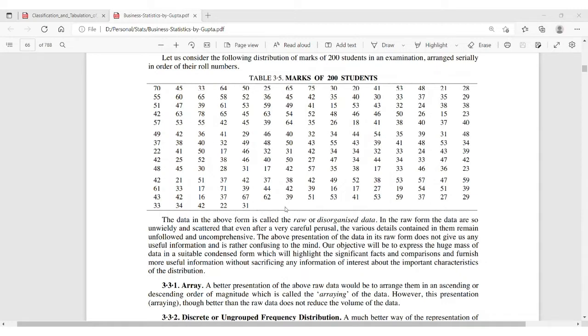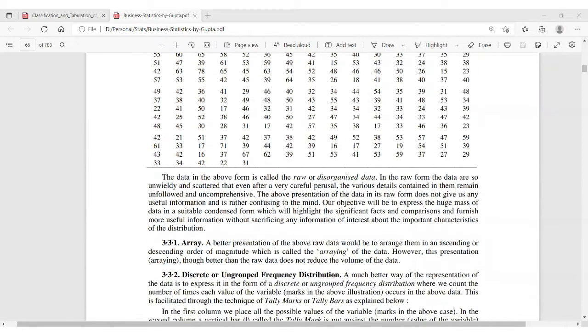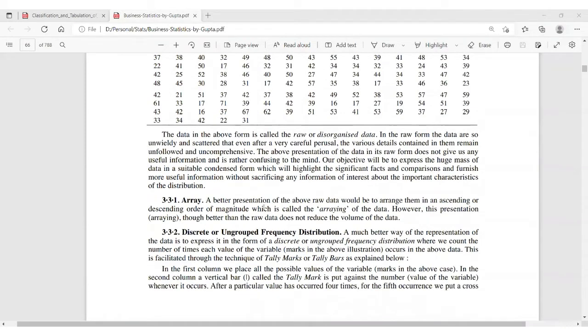So what we do, we arrange the data in such a manner that we can get some useful information from it. For the representation, the above data would be arranged in ascending or descending order of magnitude, which is called the arraying of data.